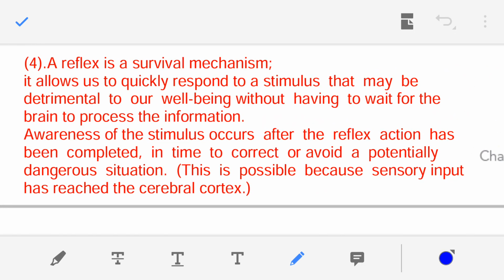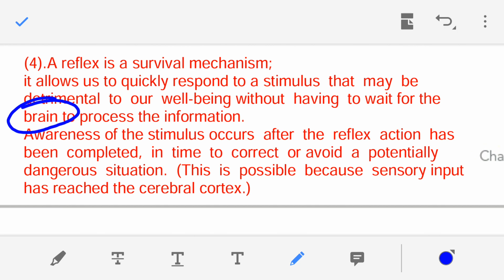Reflex is a survival mechanism, and by this mechanism we are protecting our body from danger. Once this reflex action is completed, the information about the dangerous situation is sent to our brain.